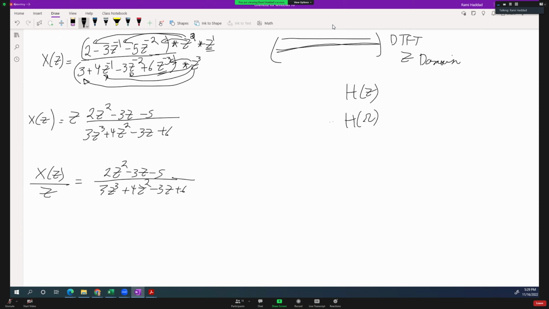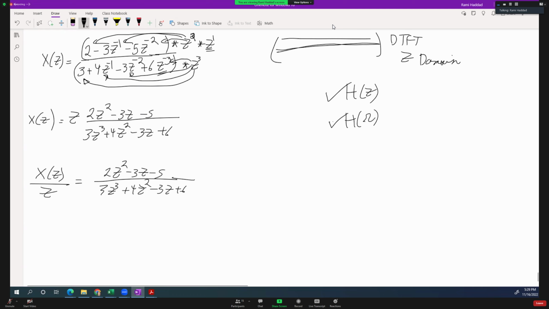If you're asked for frequency response or if you're asked for system function, that's basically how you will be addressing these kinds of problems, which we've done examples on. If you're given rational fractions, you have to find the inverse.